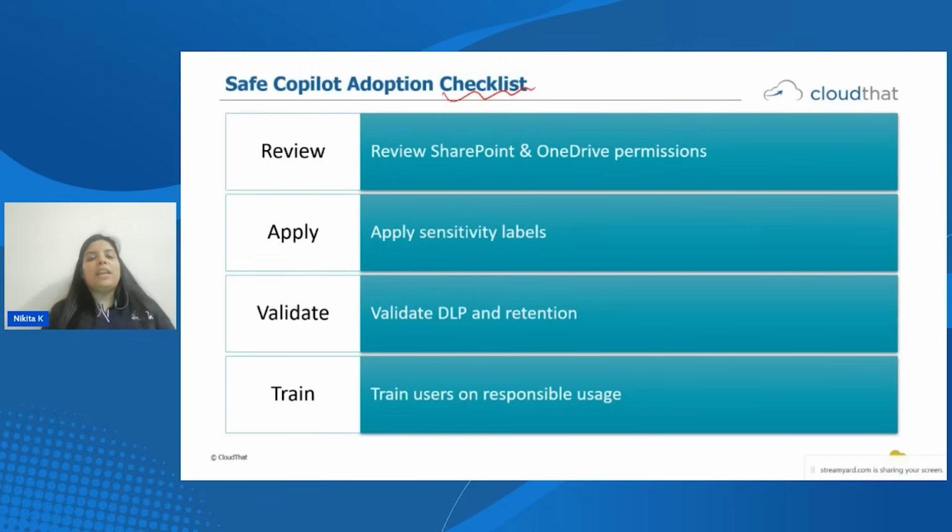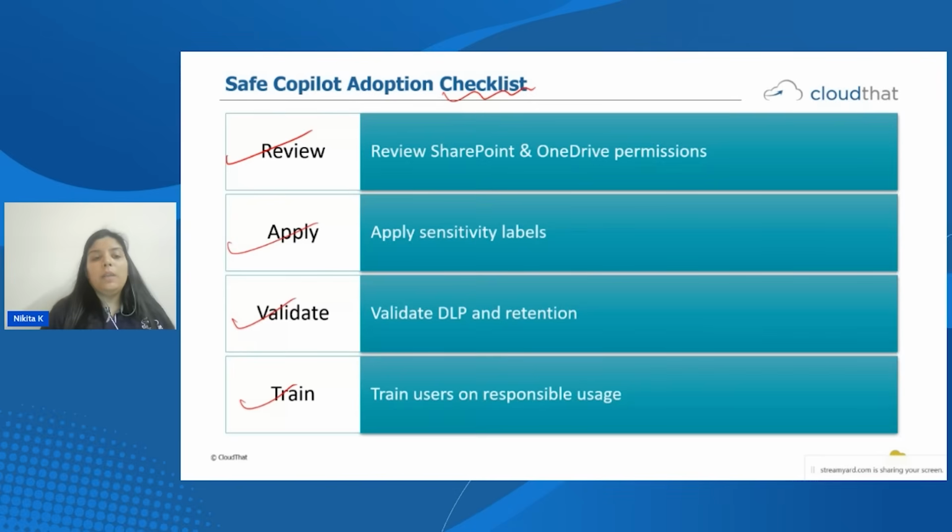You have fulfilled the checklist, which means you have reviewed the information, like what data you will be protecting. You have applied the sensitivity labels on it. You have validated the information, and you have trained your users also on how they can use their information in their environment.